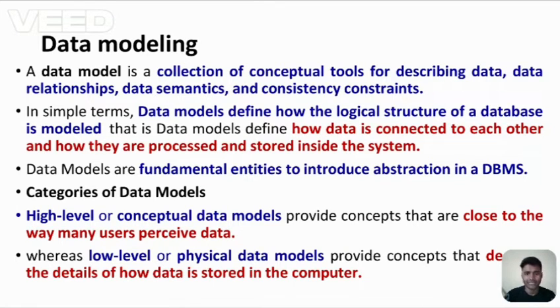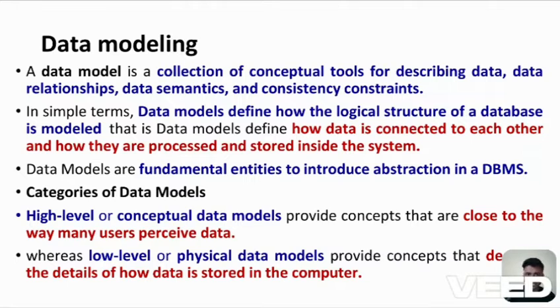Data models are fundamental entities to introduce abstraction in a database management system. Database modeling is where we structure a diagram of the data so that a developer can easily understand what to store and how to store the data in the database.